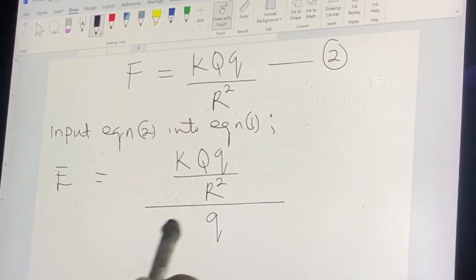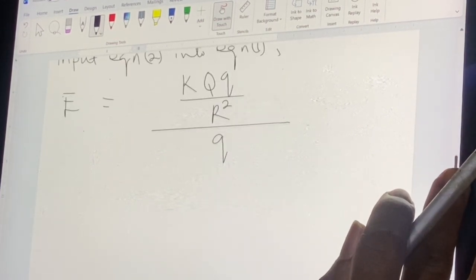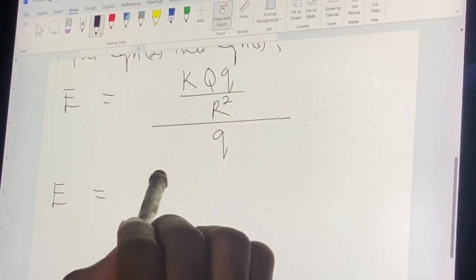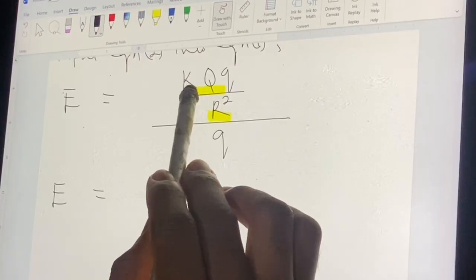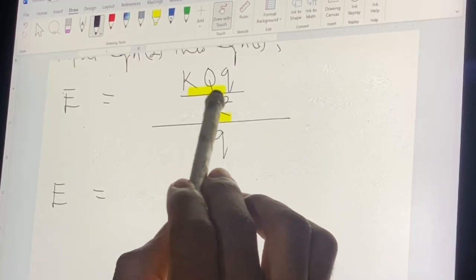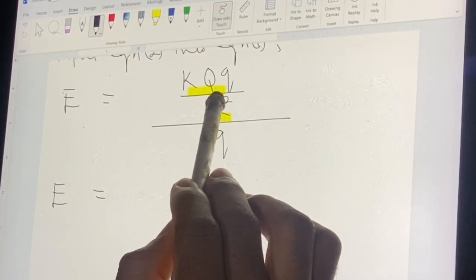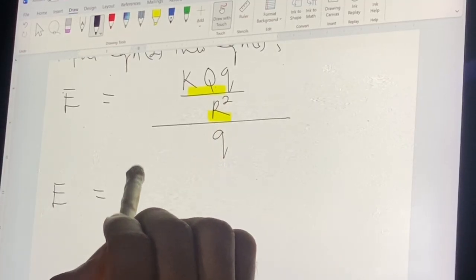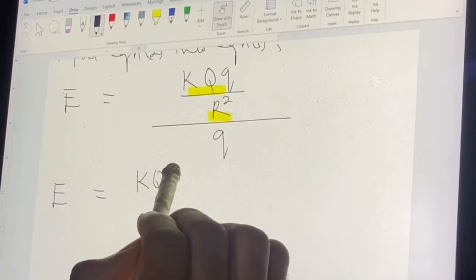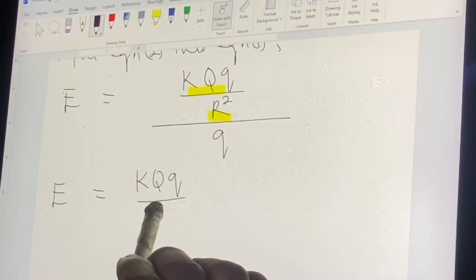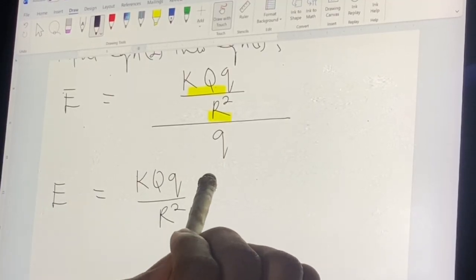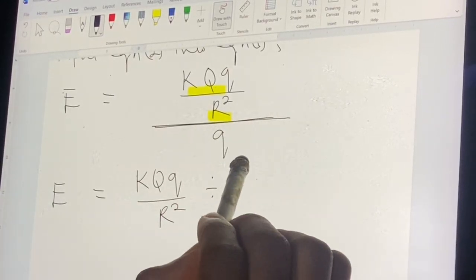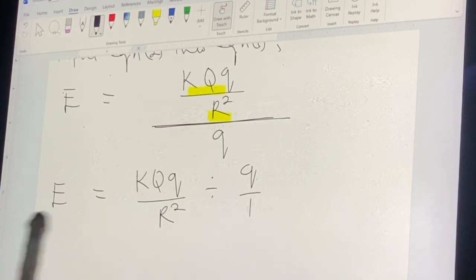So let's simplify this here. To simplify this, our E, which represents electric field, will be equal to, class, please take this K, capital letter Q, small letter q over R square together. Please take note of that. So we express this mathematically as KQq over R square divided by Q over 1.